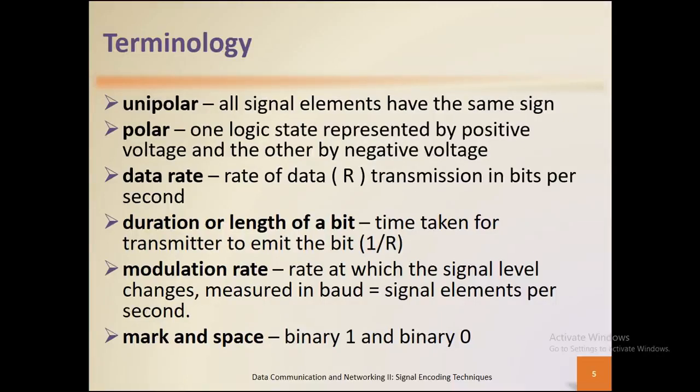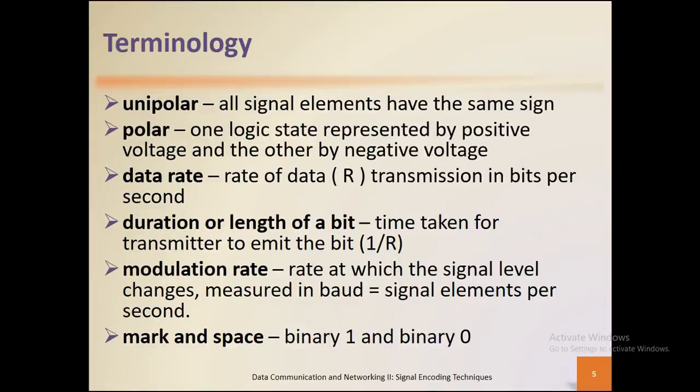And duration. The duration of a bit, or the length of a bit, is the time it takes to transmit or to emit a single bit, which is usually 1 divided by the data rate.